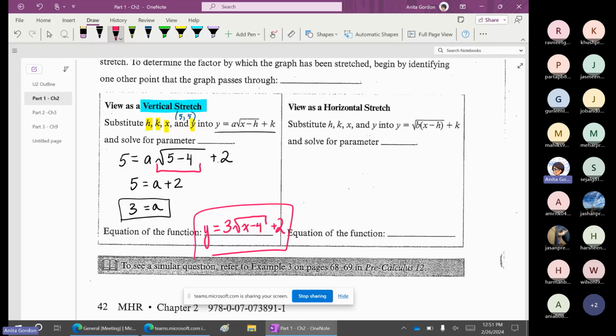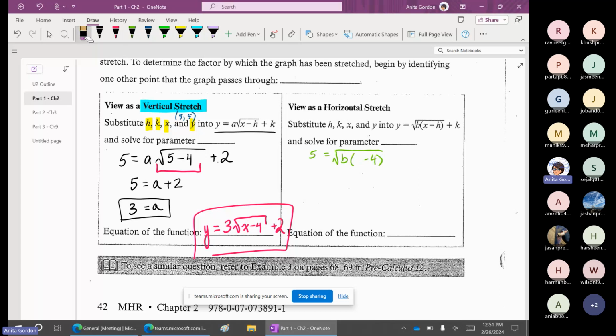If instead I view it as a horizontal stretch, then I'm going to do exactly the same thing, but instead of solving for a, I'm going to solve for b using all the same points. 5 equals square root of b bracket x minus 4. Oh, sorry, not x.